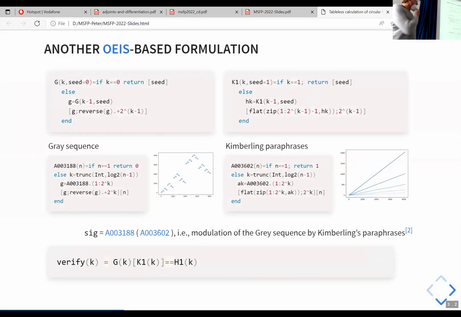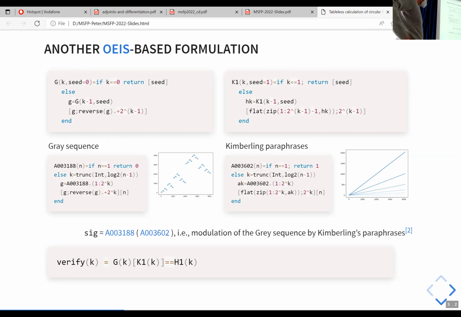When I plotted the sequence in Julia with all the duplicate values removed, you get a plot like this, and this is immediately recognizable as a Gray sequence, which is present in the Online Encyclopedia of Integer Sequences.